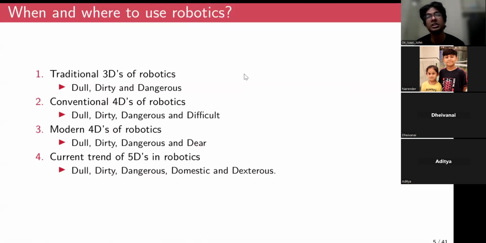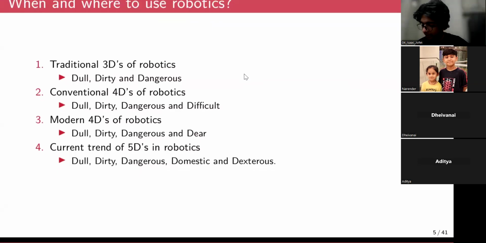Even though the initial capital to invest in such technologies is very high, after a while, it will break even, and you will see profits if you replace a vast number of human workers with robotic systems. And currently, the trend is all about dull, dirty, dangerous tasks and tasks that are domestic and dexterous.